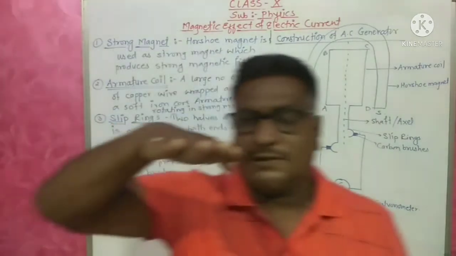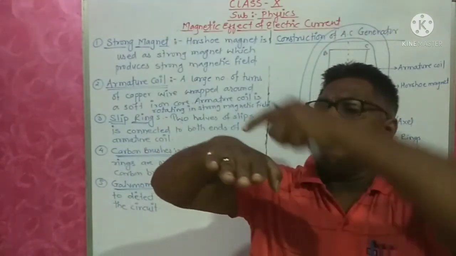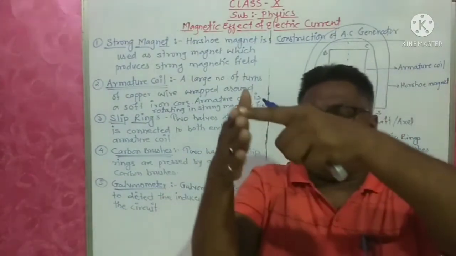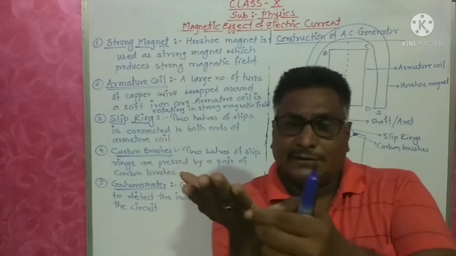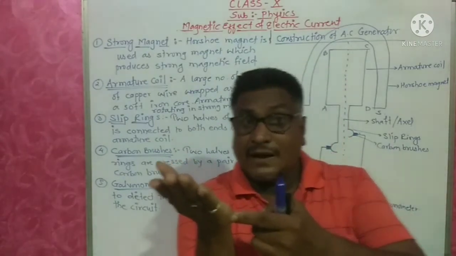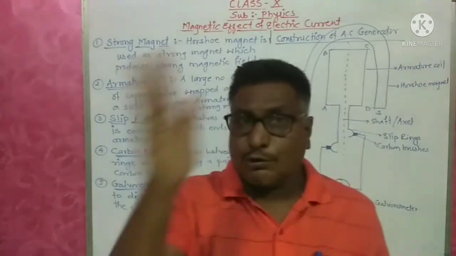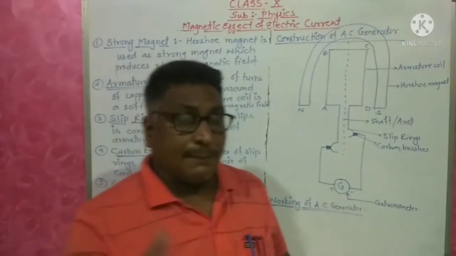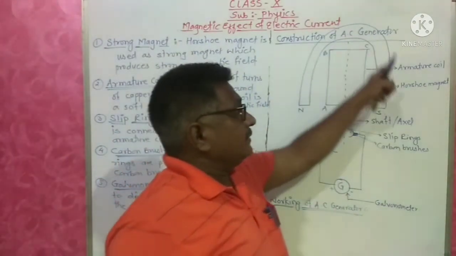Suppose this is the armature coil, A, B, C, D. This AB arm will go up, and then it will go right, and the CD arm will come to the left. In this way the sides keep rotating continuously. Due to that, current is generated.